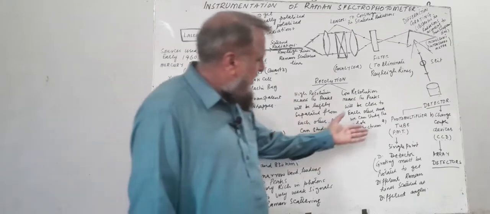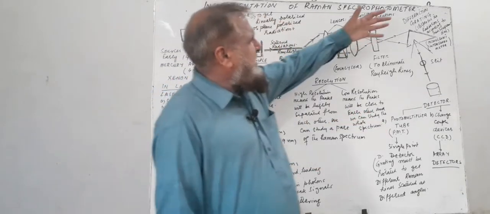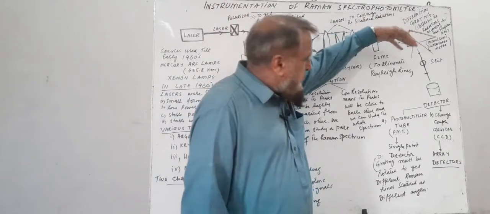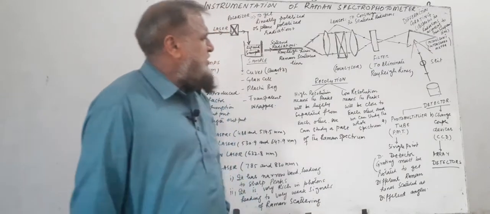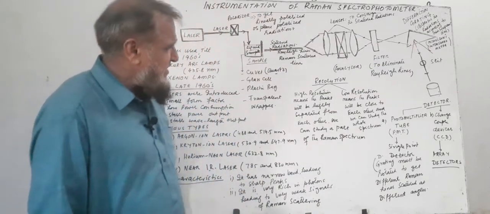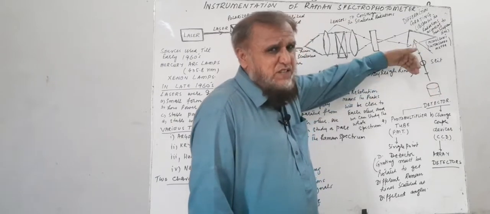Therefore, if we are using photomultiplier tubes, then the diffraction grating must be rotated so that the radiations which have been dispersed by the diffraction grating enter the slit and the photomultiplier tube at that specific angle.